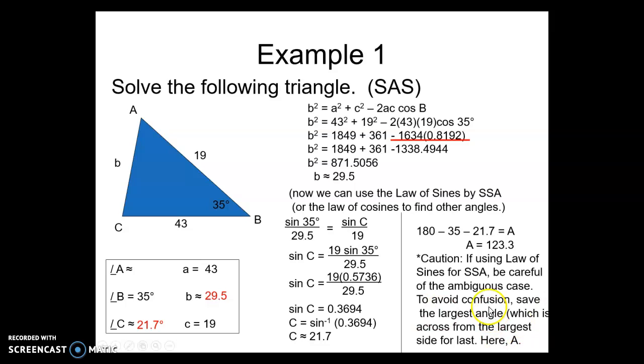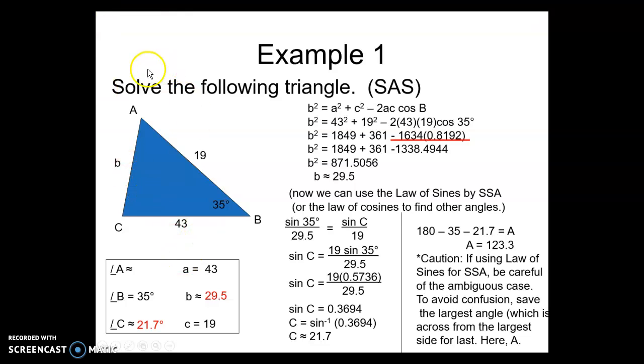If you're using the law of sines for side-side-angle, be careful of the ambiguous case. If you are in doubt, to avoid confusion, save the largest angle, which is across from the largest side, for last.